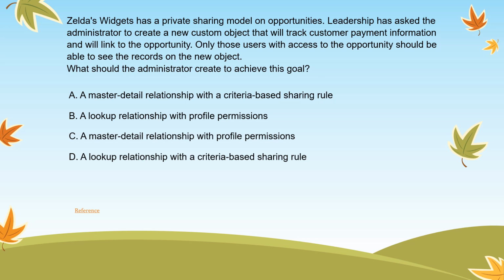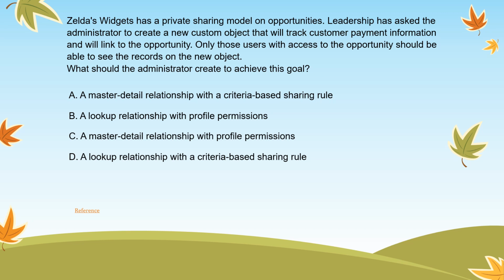So this has four very similar looking answers, but they're trying to trick you. A. A master detail relationship with criteria-based sharing rules, B. a lookup relationship with profile permissions, C. a master detail relationship with profile permissions, D. a lookup relationship with criteria-based sharing rules.